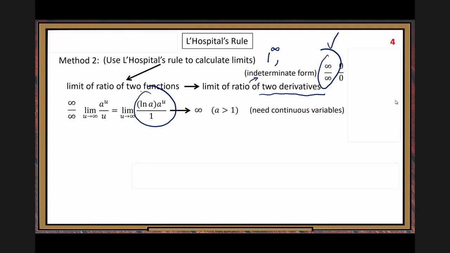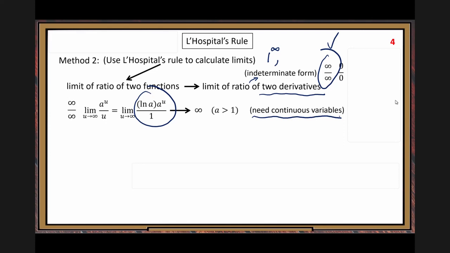And here, another thing. When we apply L'Hopital's rule, there is one little thing you need to be careful about. You need to make sure the variable is a continuous variable, not a discrete variable.